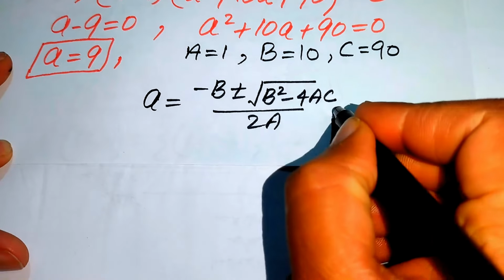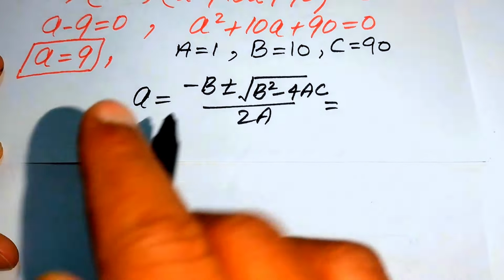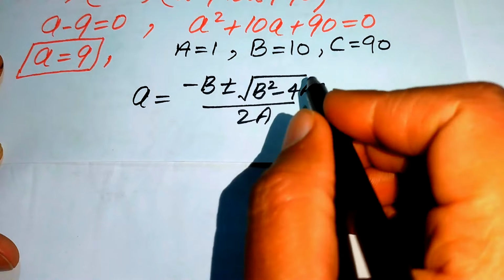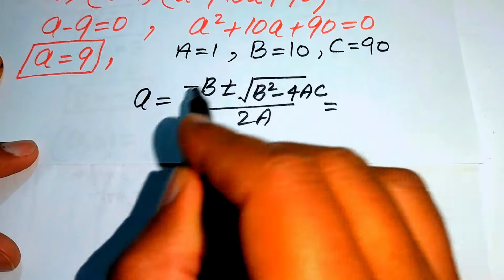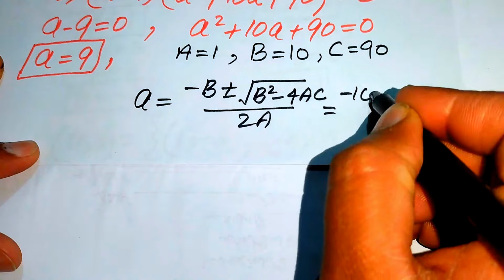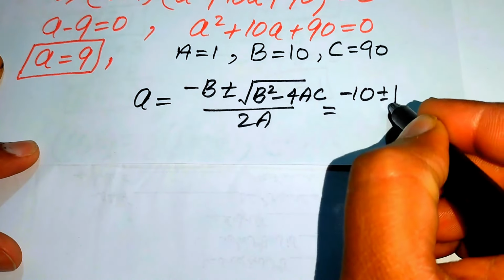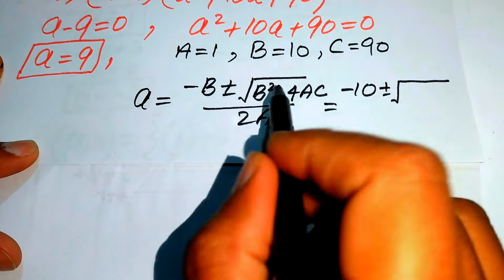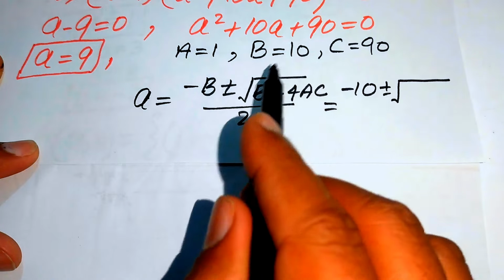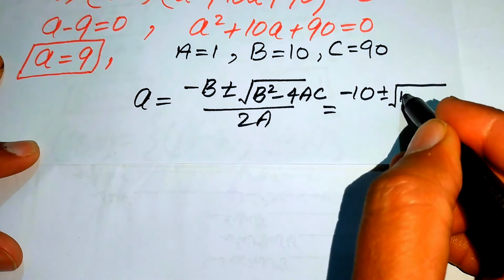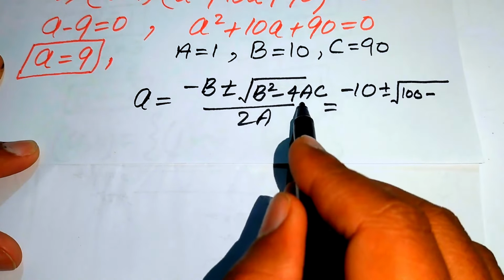Here we substitute the values of all these coefficients, and b is 10. When we put it here, it becomes minus 10 plus minus square root of b squared, and our b is 10, so 10 squared becomes 100, minus 4 times ac.